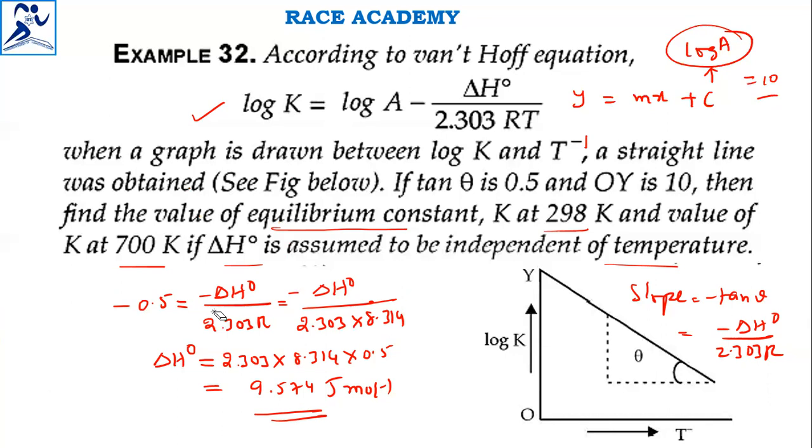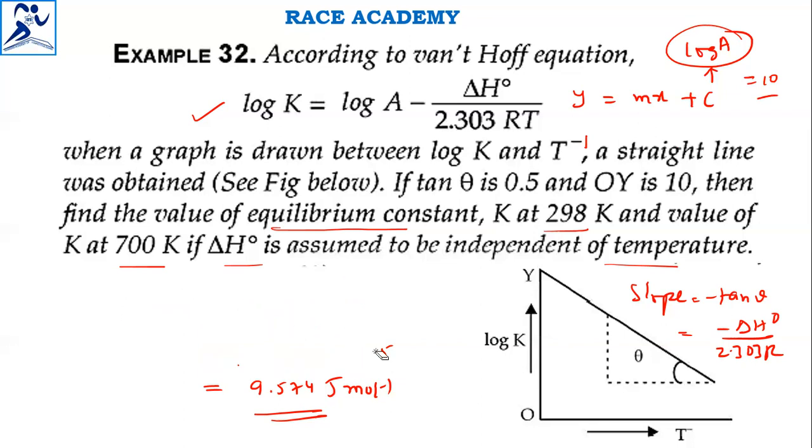I will substitute the ΔH° value, the log A value and the temperature 298 in this Arrhenius logarithmic form equation, log K equals.